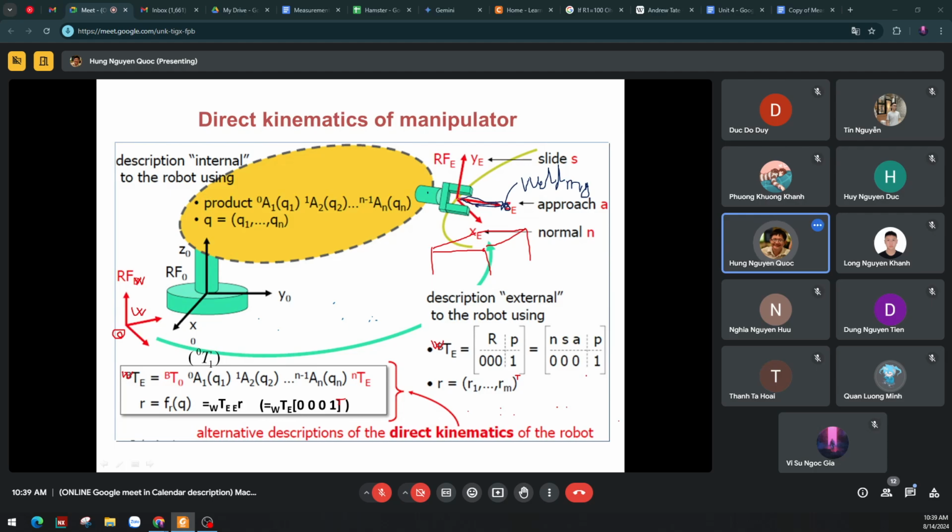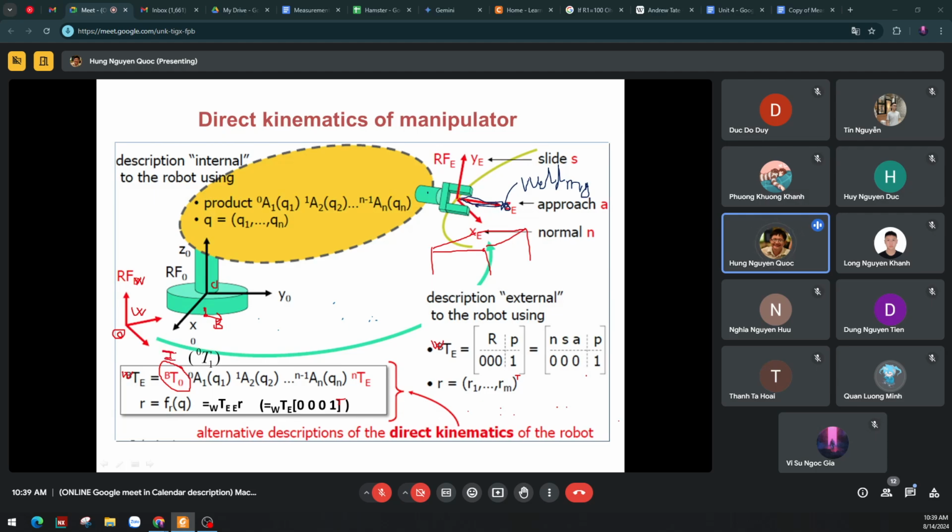So if we know that, then of course where you put the robot, you put the robot here is 0, then you also have B. It is a little bit more complicated, as I mentioned: sometimes you put the 0 here, sometimes somewhere else. B means the base, so you can put the B frame here, and the 0 frame you can put somewhere else.